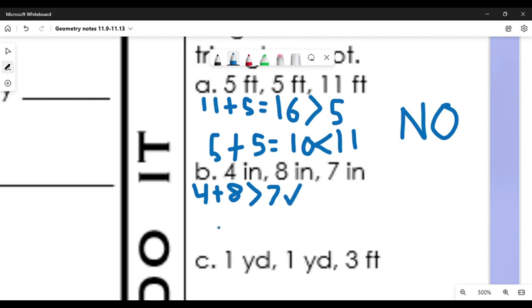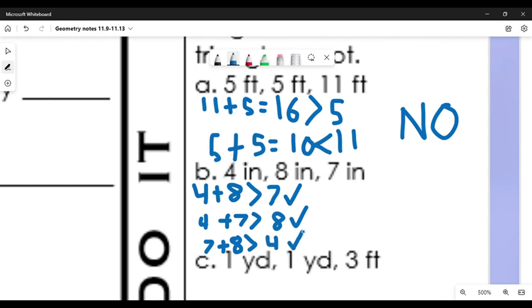Boom. Now, the next one: we're going to do 4 plus 7. Is this greater than 8? Yes, it is, because 4 plus 7 gives you 11, which is greater than 8. So we're good again. And then lastly, we've got 7 plus 8. Is that greater than 4?